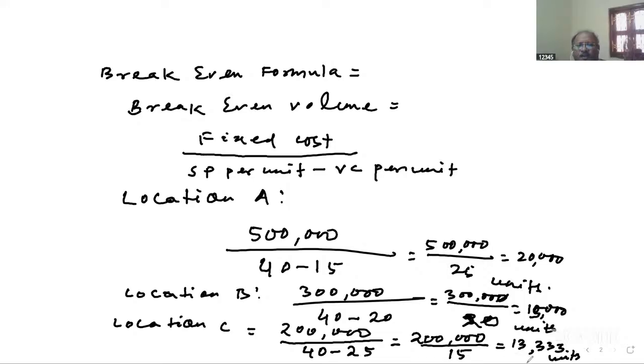So location C appears most attractive with the low break-even point.